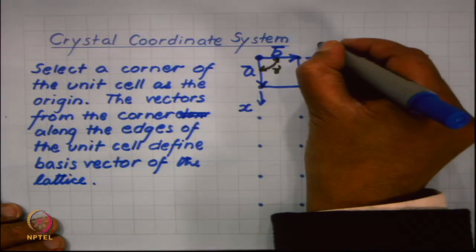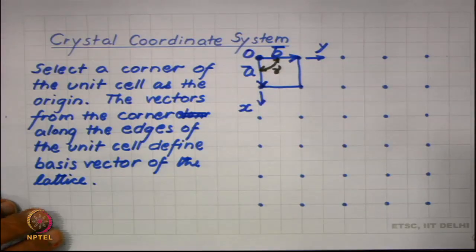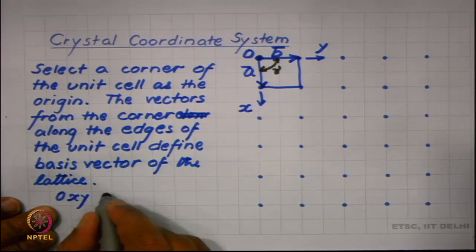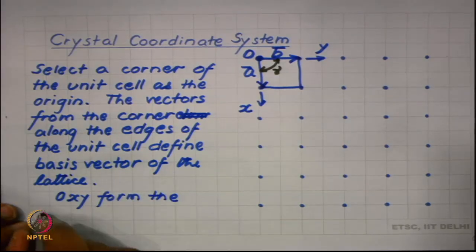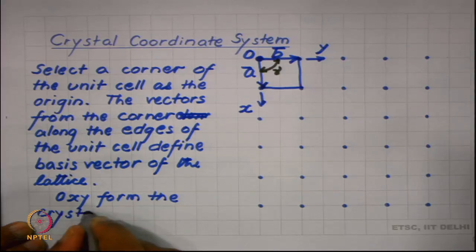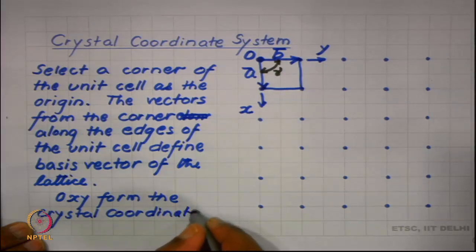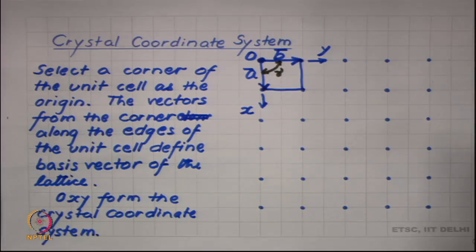This is our x axis, this is our y axis, this was the origin O. So, O x y form the crystal coordinate system. So, of course, the crystal coordinate system is associated with the selection of a unit cell.